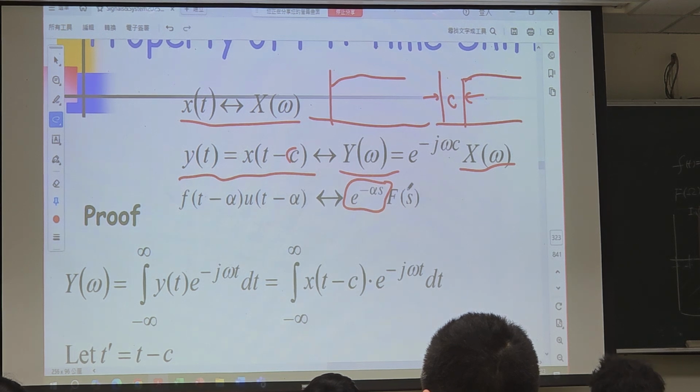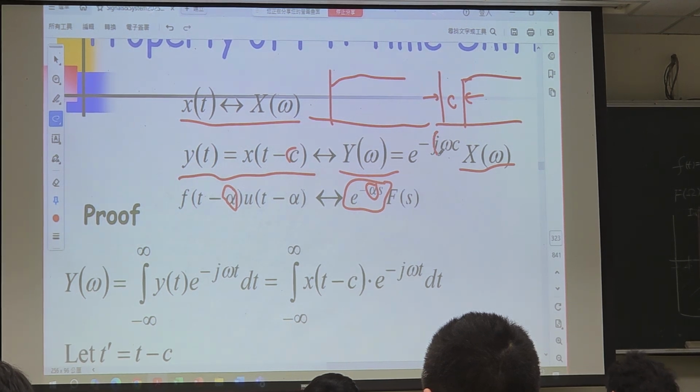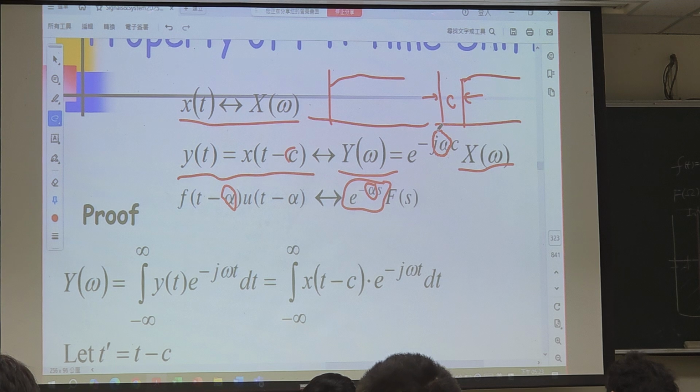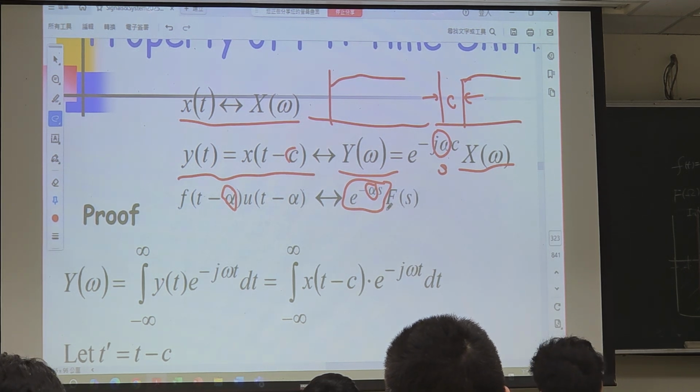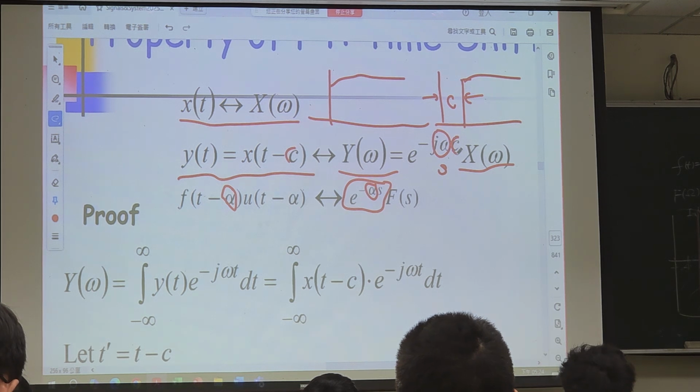Alpha is the delay time. In this case, j omega is the variable in the Laplace transform, and c is the time delay, c seconds.